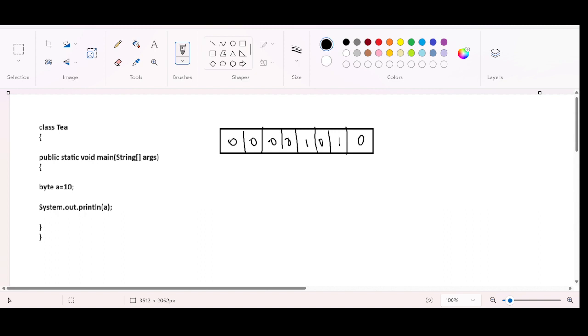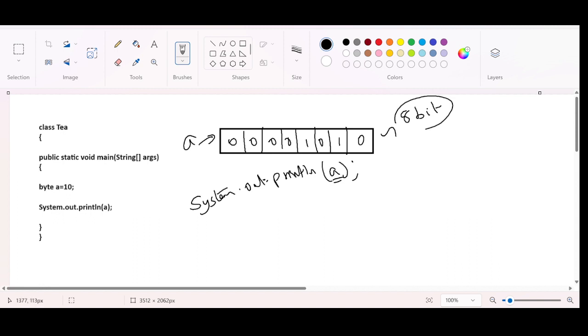So when this particular value is accessed in the system.out.println statement, these 8 bits will not remain 8 bits. Internally, the system.out.println is going to allocate a memory of 32 bits by default.